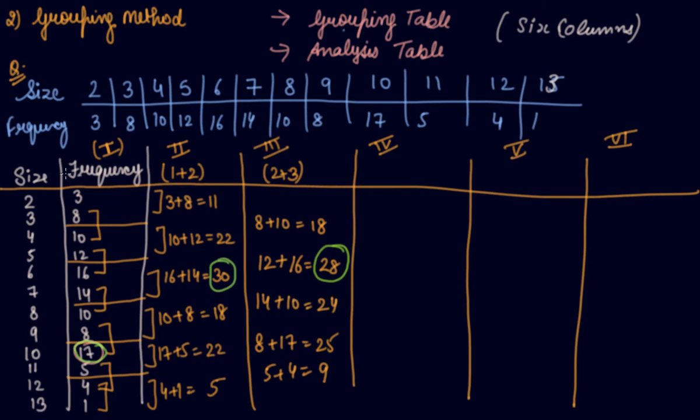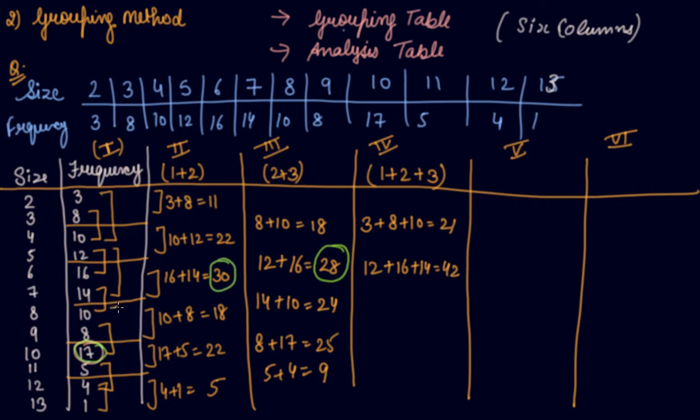Now in the fourth column, we add the 1st, 2nd and 3rd frequencies, which means we take the first 3 frequencies, 3 plus 8 plus 10, which is 21. Then we add 12 plus 16 plus 14, which is 42.